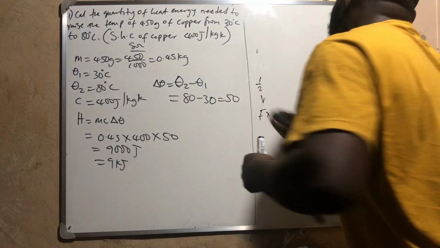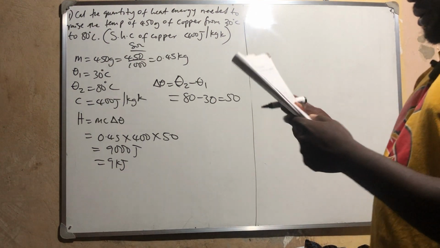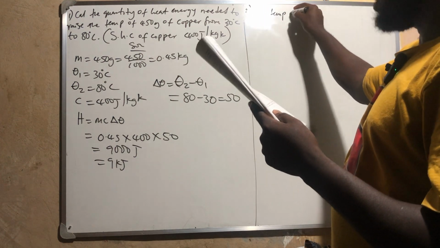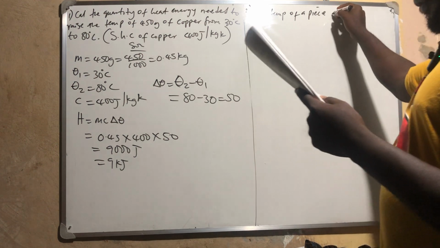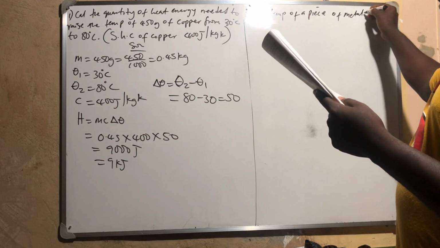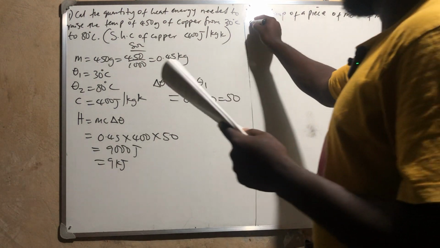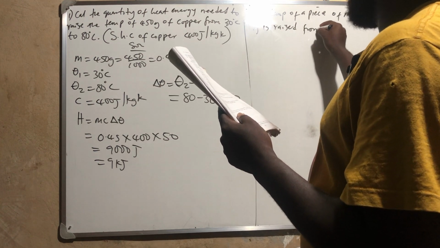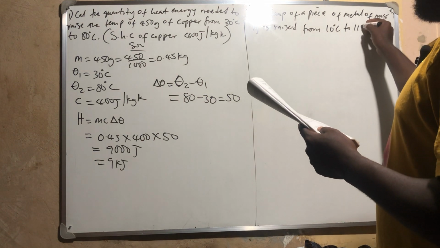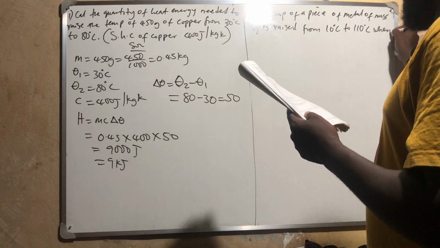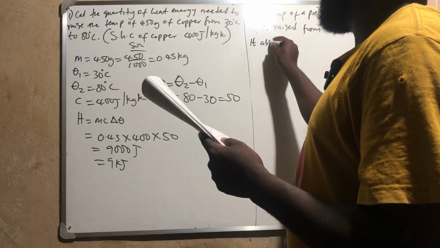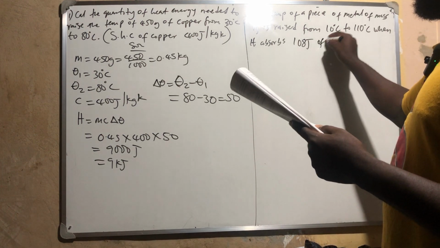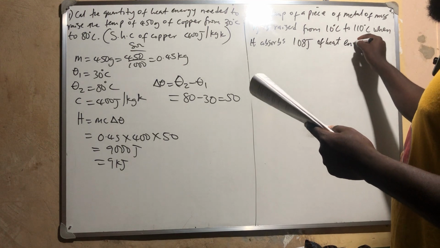The second question, number 2, said the temperature of a piece of metal of mass 9 gram is raised from 10 degrees Celsius to 110 degrees Celsius when it absorbs 108 joule of heat energy.